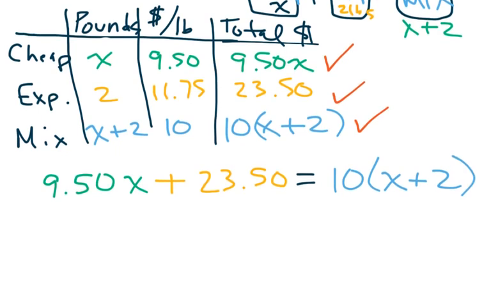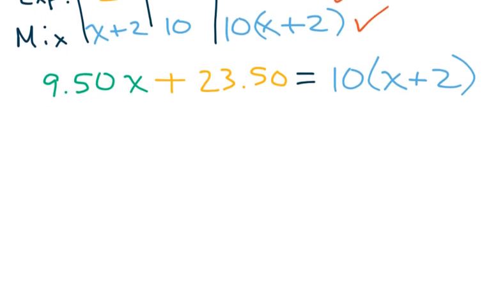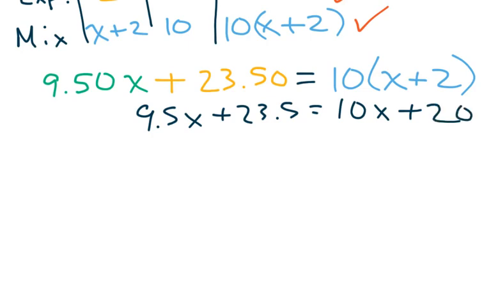And we're almost ready to start solving this. So we'll write 9.5x, I'll ditch my 0 there, plus 23.5. You can keep them if you want, but then I'm going to clear my parentheses by writing 10x plus 20.